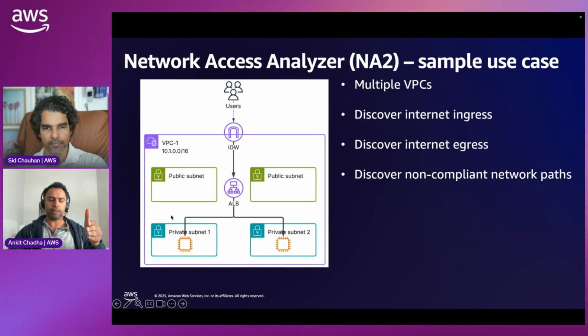For example, my intent is exactly what's on the screen, that my servers should be in private subnets. So this is your intent. And then you run it once a day, once a week, or twice a day to discover whether your deployment is not compliant with this intent, right? So continuous compliance is a very powerful use case for using NA2.